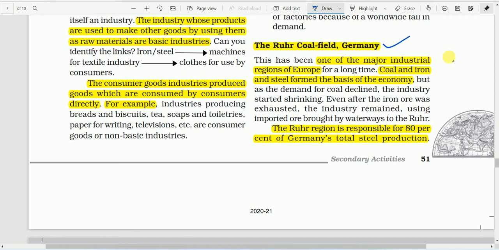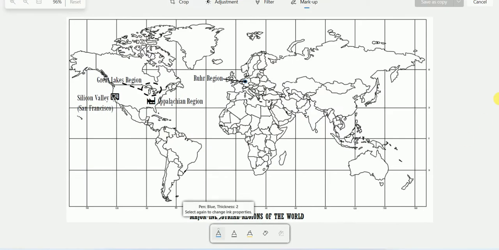Here we have the Ruhr coalfield, or Ruhr industrial region, in Germany. Once it was a traditional one, but now it has been transformed into a high-tech industrial region. How is that? Let us see. If we look at a world map, the Ruhr industrial region is here, in Germany.